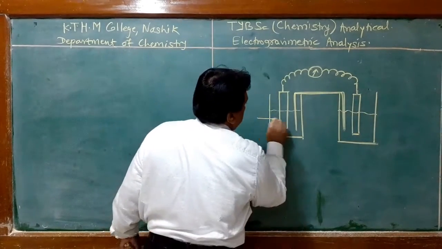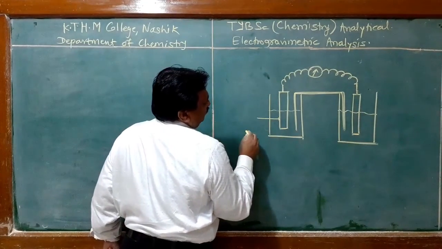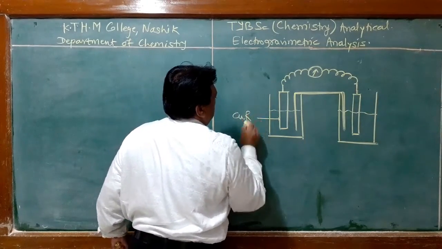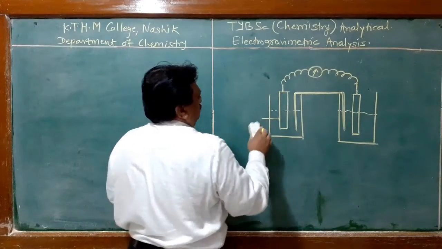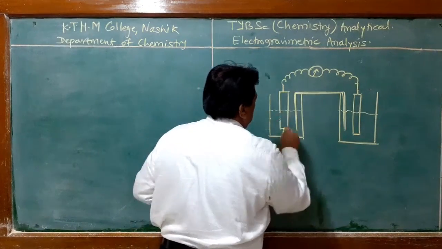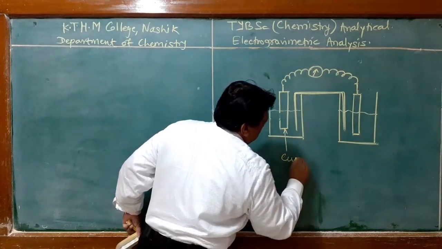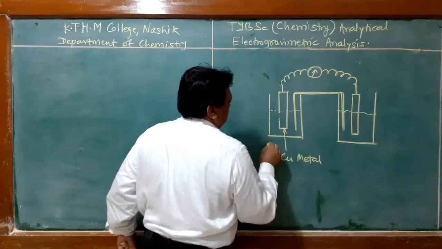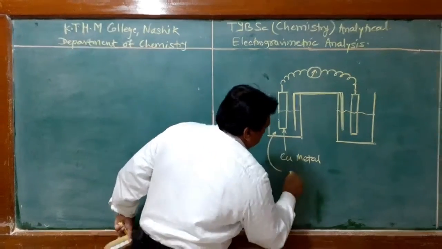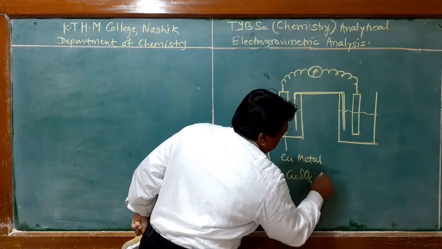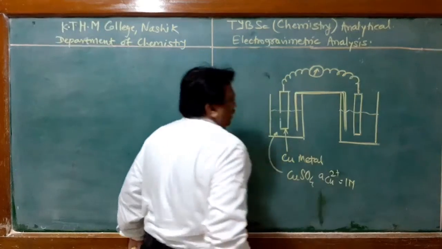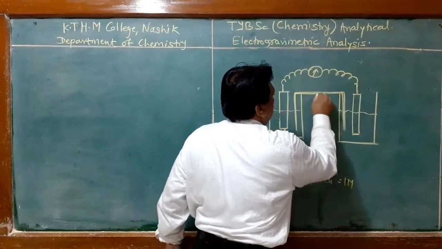Here this is a copper rod, copper metal, and this is a copper sulfate solution, CuSO4 solution. The activity of Cu2+ is equal to 1 molar. Here this is a salt bridge.